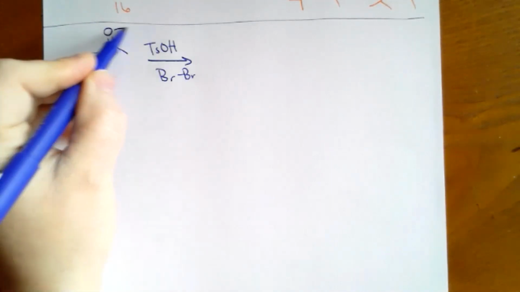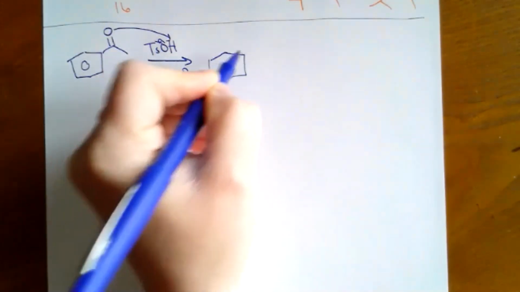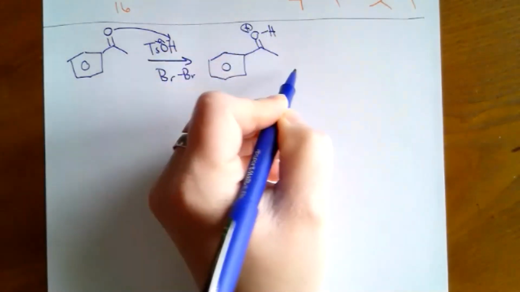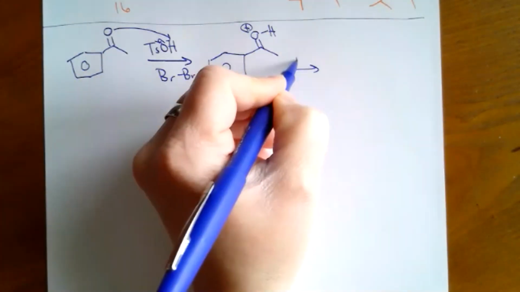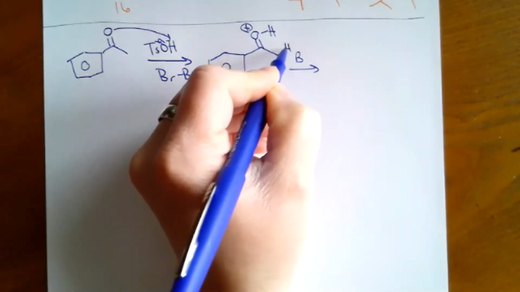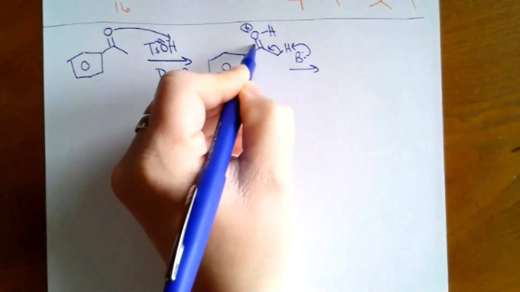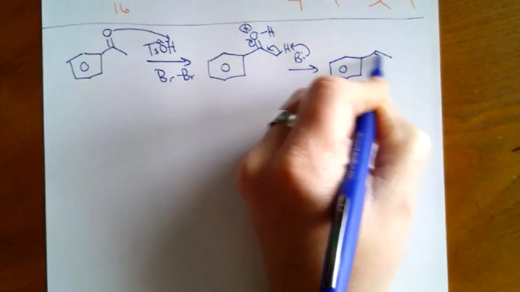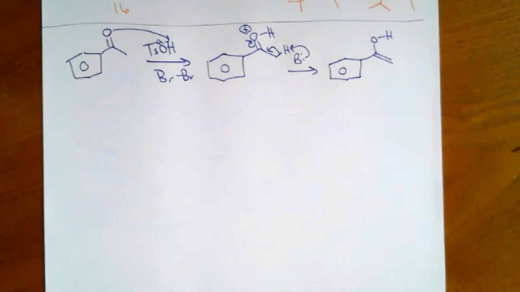The official mechanism for a tautomerization goes like this, but we may not always draw this in painful detail. Protonate the carbonyl oxygen. Some base takes an alpha hydrogen to give you an enol like that.